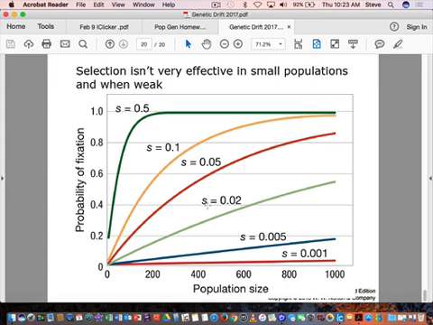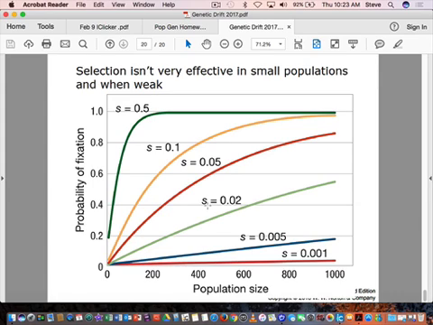Along here is population size. Okay. What happens even in small populations where selection is really strong? What's the outcome? Yep. So it turns out that what's happening here is, which allele do you think is going to fixation?